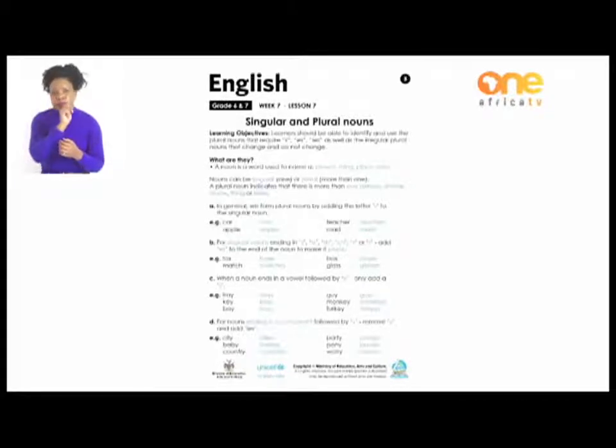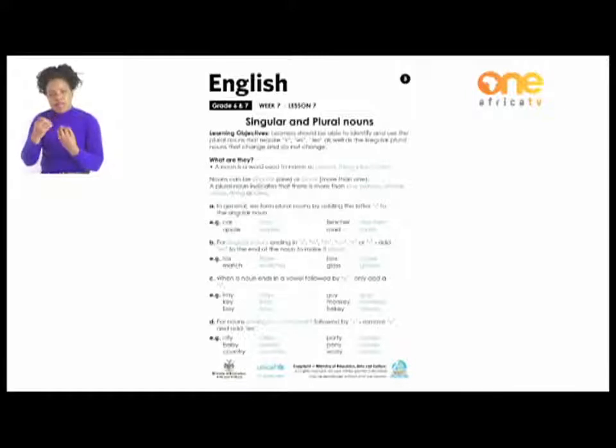In general, we form plural nouns by adding the letter S to the singular noun. For example, one car, 2 cars, an apple, 4 apples, one teacher, 5 teachers, one road, 3 roads.